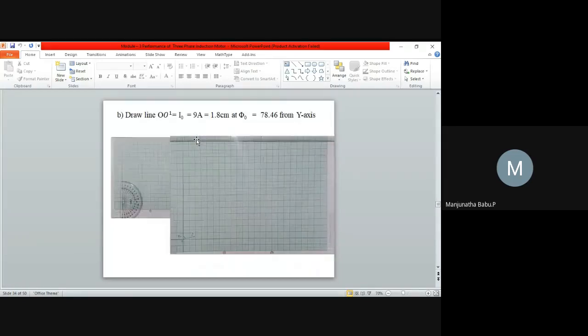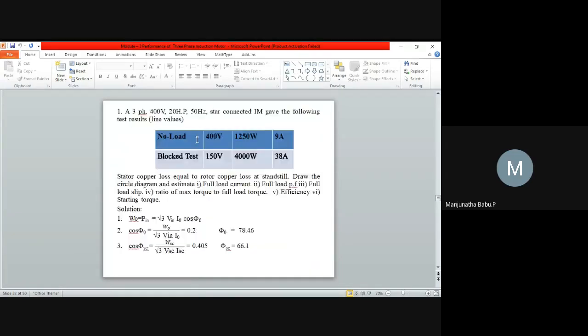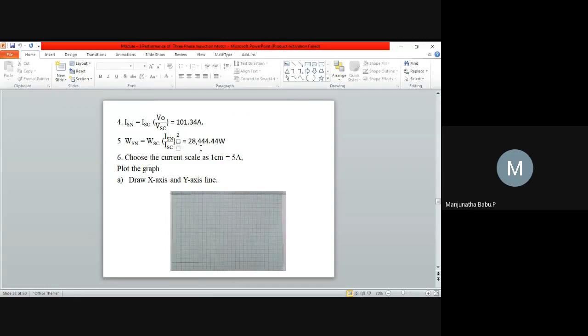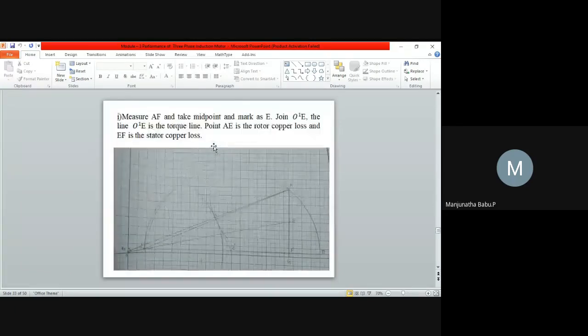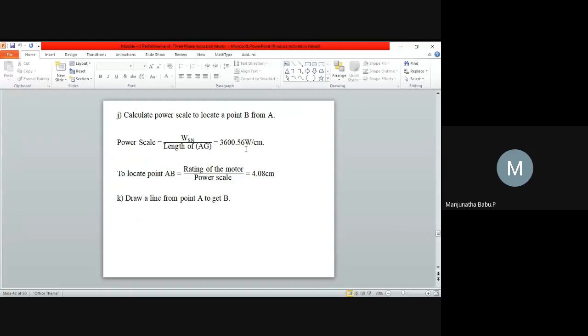28,444.44. Here we have found 28,444.44 as the WSN value, divided by 8.6. Check how much you're getting. Are you getting 3600.56 watts per second, since the length of AG is in centimeters?